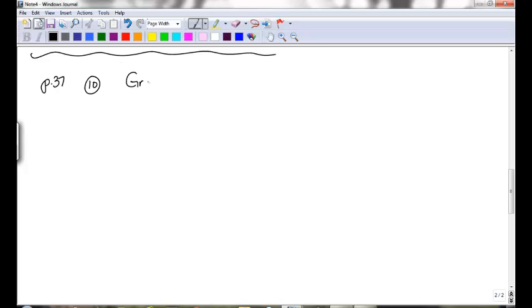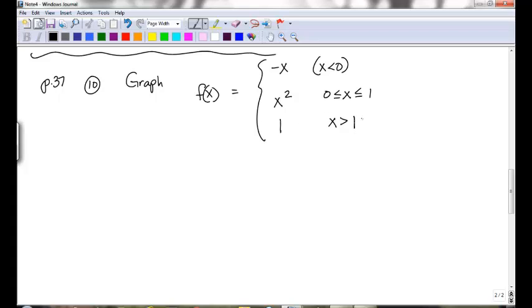And they will just say to graph this. f of x, and there's three parts to it. f of x, remember, the same thing as y, so it's like y equals negative x, and x is less than 0. y equals x squared, and x is greater than or equal to 0 and less than or equal to 1. And y equals 1 for x greater than 1.